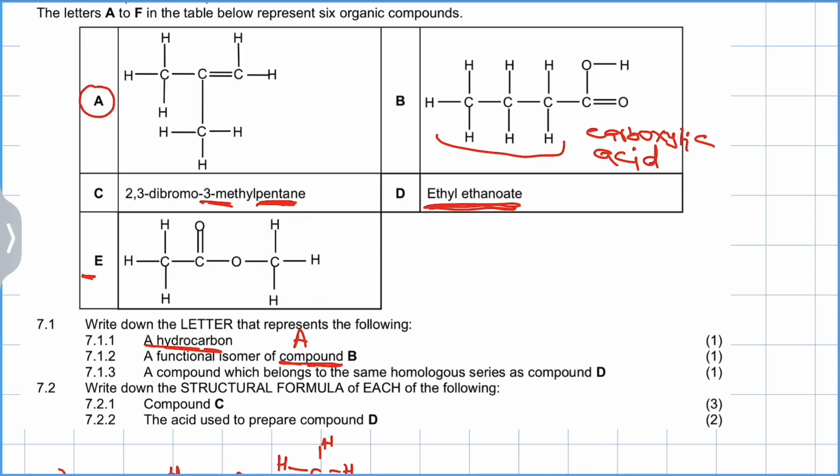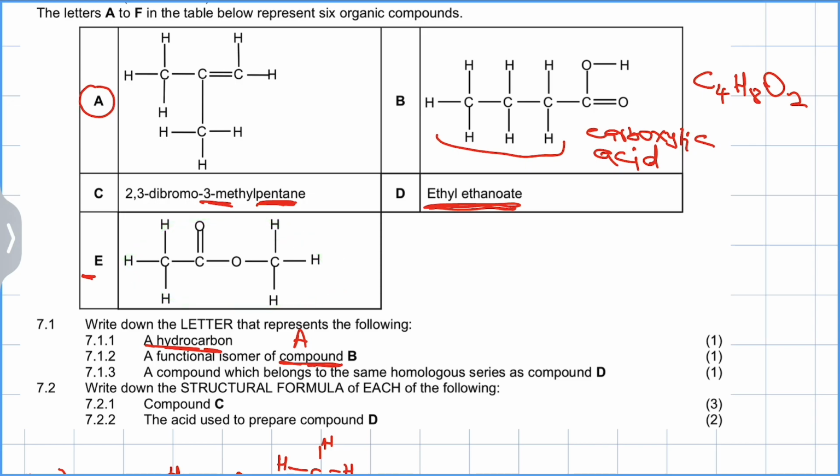ethanoate? We're just going to check the molecular formula. For this carboxylic acid, you have 4 carbons, so that will be C4. And then how many hydrogens? 1, 2, 3, 4, 5, 6, 7, 8. So we have 8 hydrogens and 2 oxygens. Now if you check E, that will be 1, 2, 3 carbons. Already it can't be this ester.